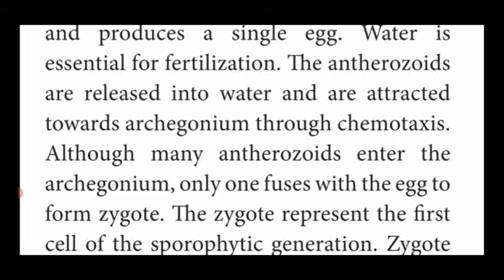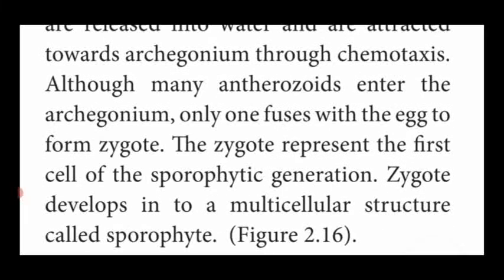Many antherozoids reach the archegonium, but only one fuses with the egg and forms a zygote. This zygote is known as the first cell of the sporophytic phase or sporophytic generation. Then this zygote afterwards develops into a multicellular structure called sporophyte.